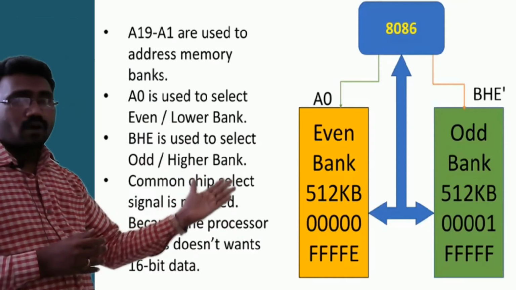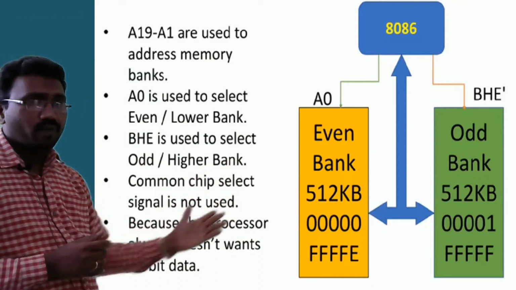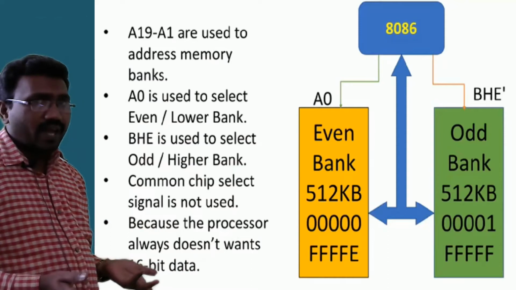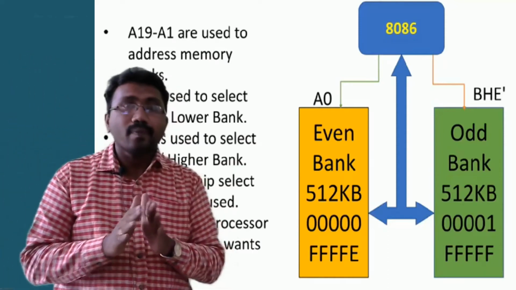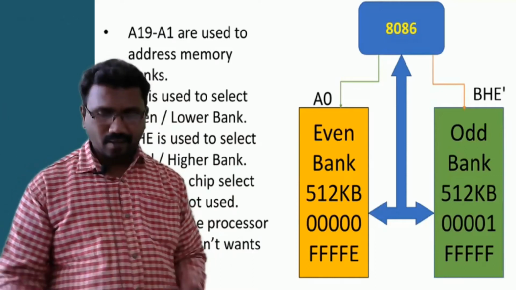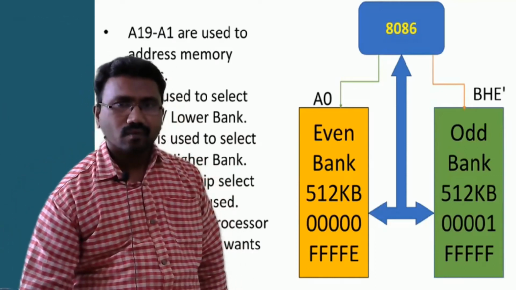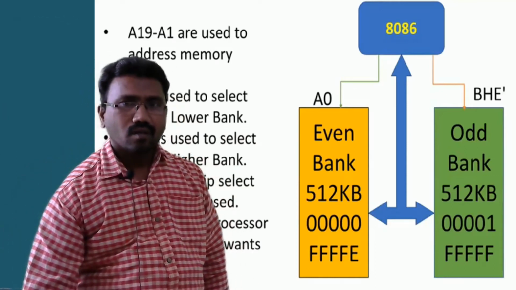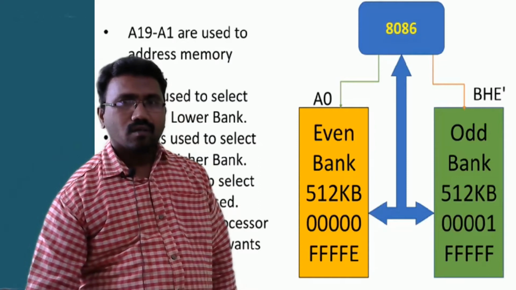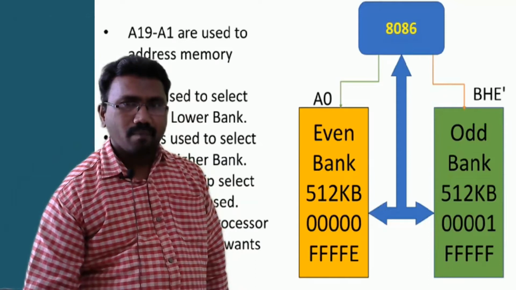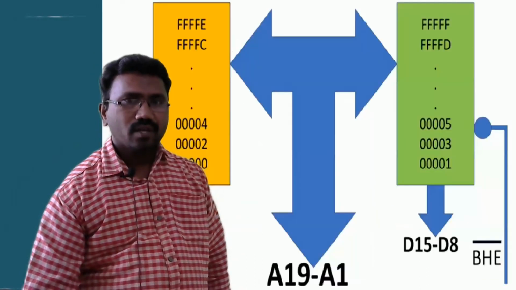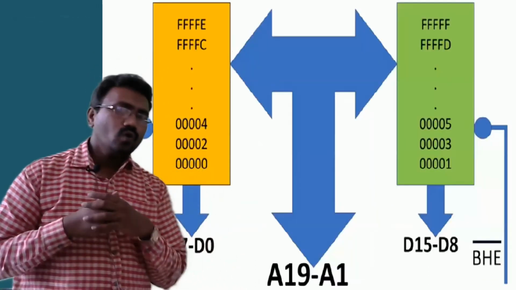Why is the common chip select not used? Because the CPU cannot always access 16-bit data. Sometimes it accesses 8-bit data also. That's why you need to use separate chip select signals. That is the need of memory banking. That's why the 8086 1 MB memory is divided into two memory banks.